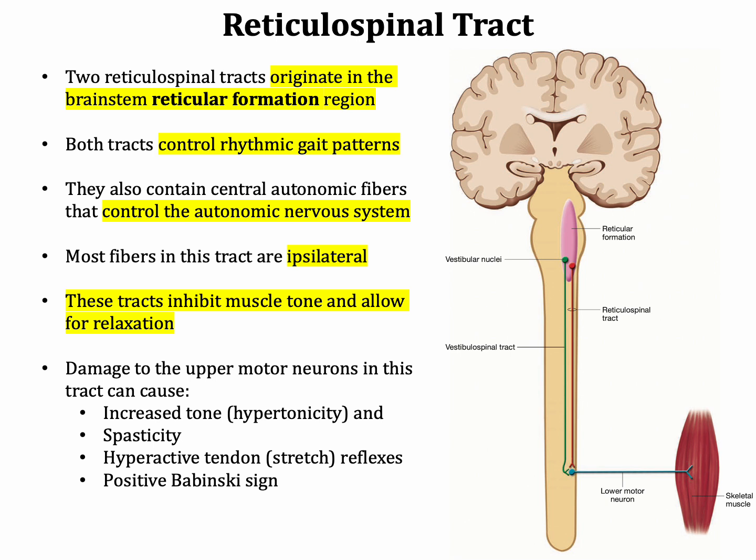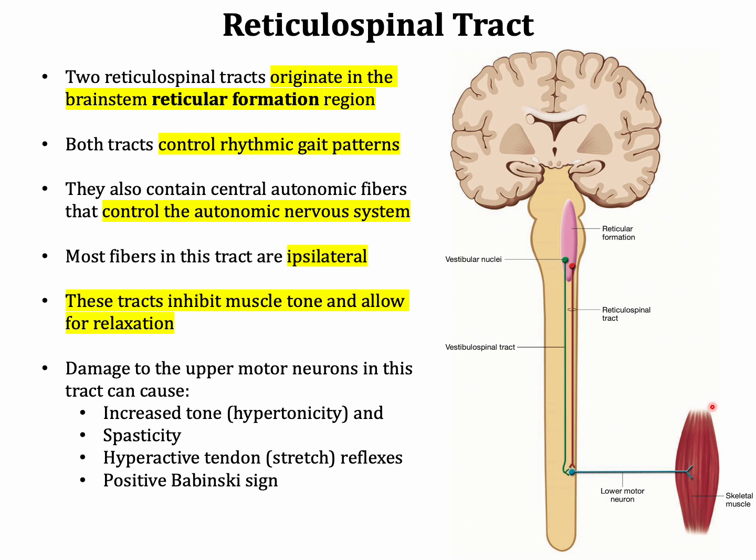For the reticulospinal tract, this originates in the reticular formation area. And these upper motor neurons come down the spinal cord, synapse with lower motor neurons, and do innervate our skeletal muscles, not as much as we find with the corticospinal. And these play a specific role in controlling rhythmic gait patterns.